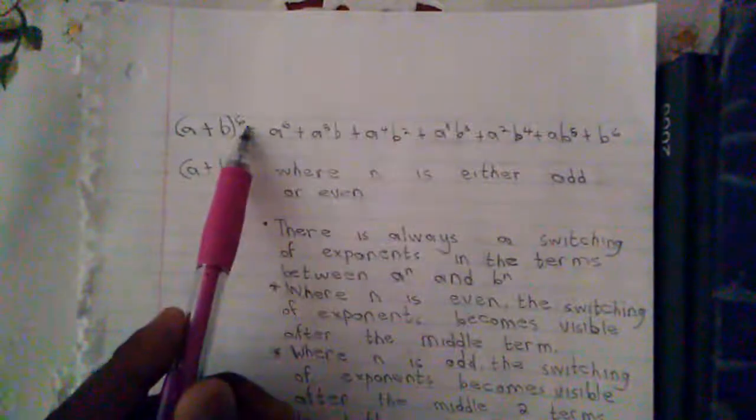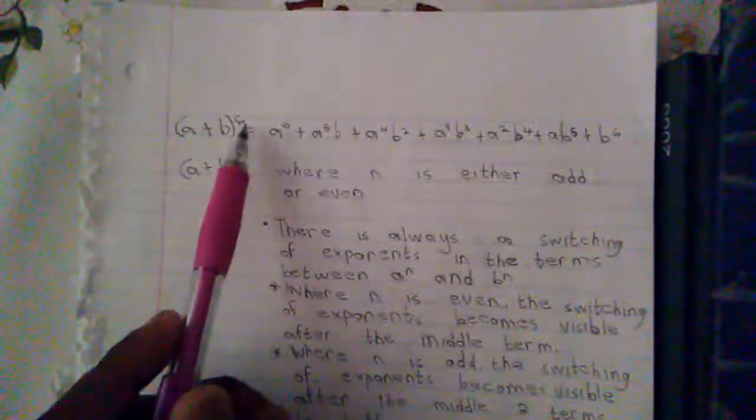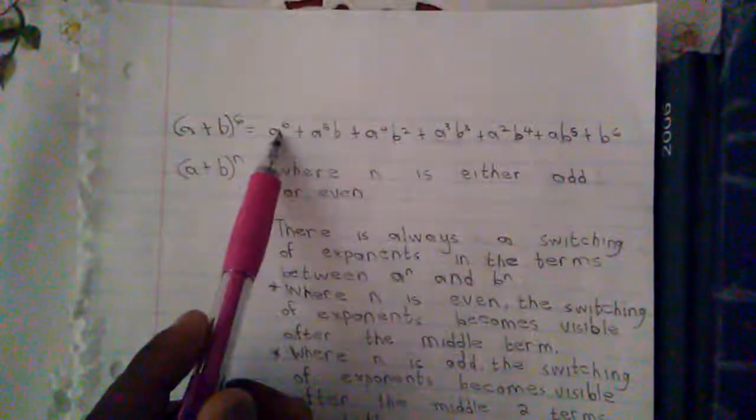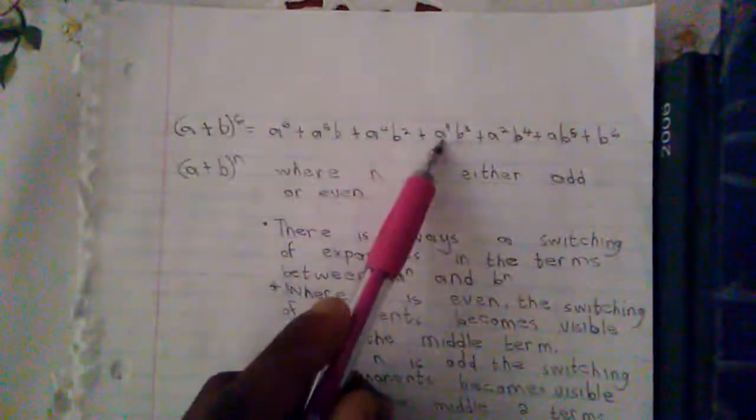Now watch what is happening here again. It comes back to this idea that in the middle term, a and b are both powered by identical halves of n. So our n is 6, and we know that half of 6 is equal to 3. And how many terms are being produced? 1, 2, 3, 4, 5, 6, 7.